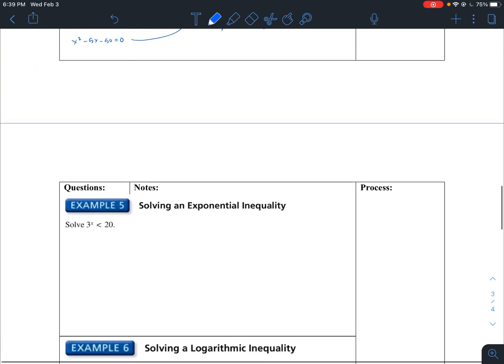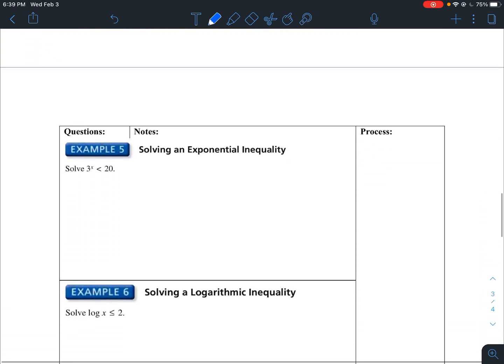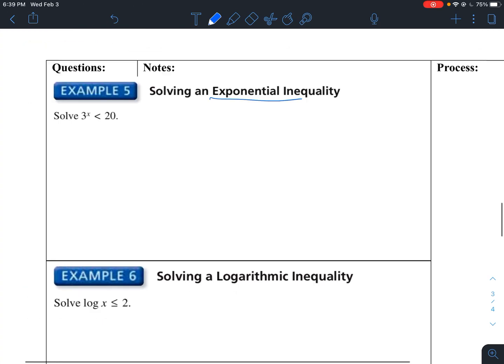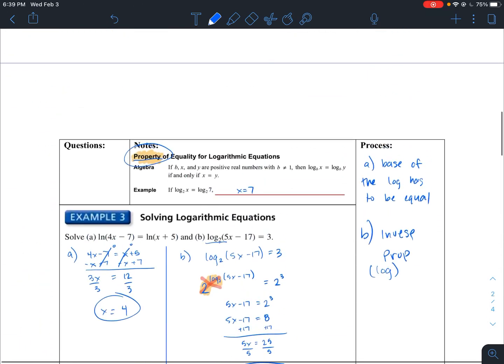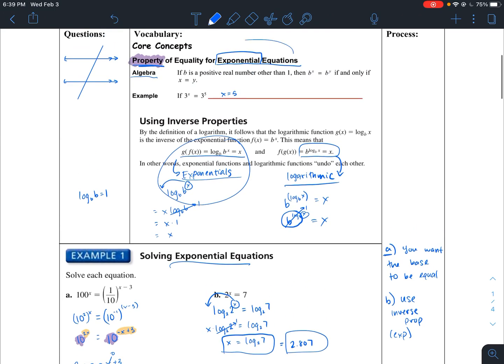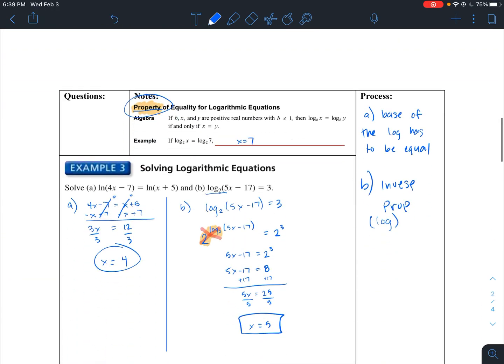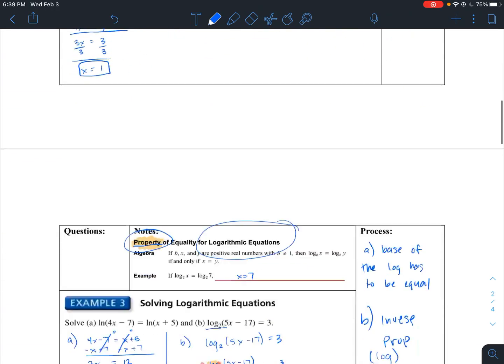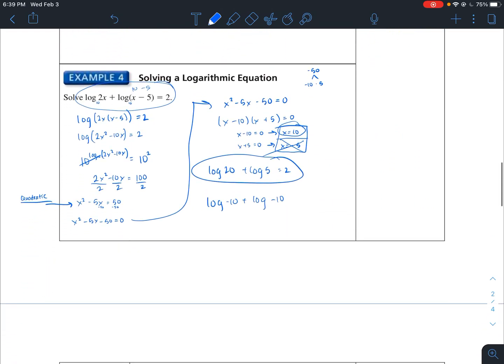Okay, now let's come down here, and now we're going to do the same thing, but we have inequalities. So this is an exponential inequality. So be thinking, remember we have two methods of solving exponentials and two methods of solving logarithms. So here's 1 and here's 2 for exponentials. For logarithms, here's 1 and here is 2. So this is an exponential.